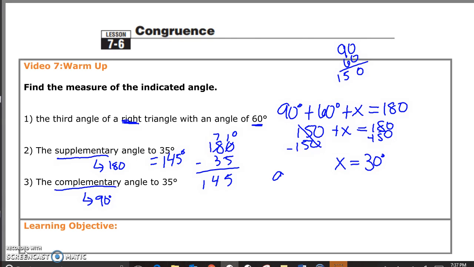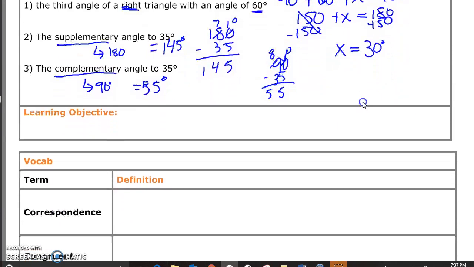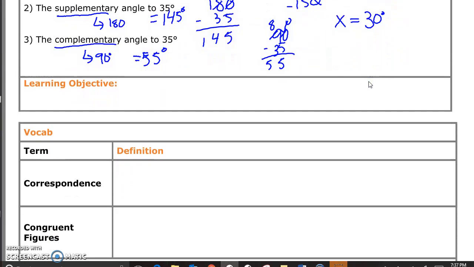So we're going to take 90 minus the 35. So this is going to be 55 degrees.